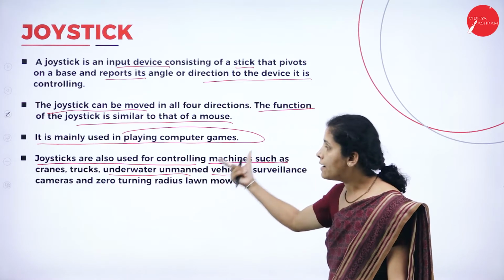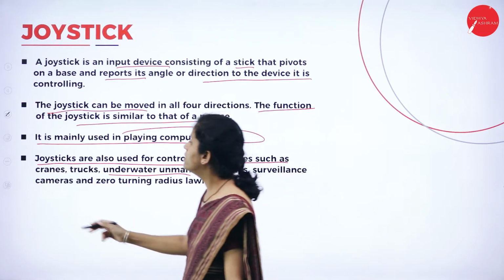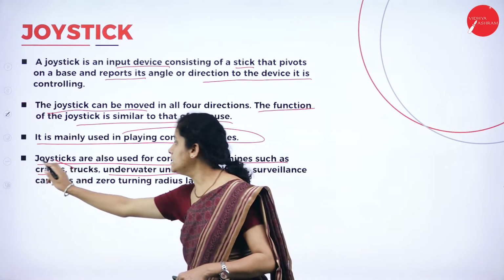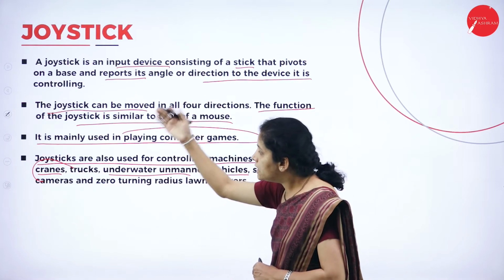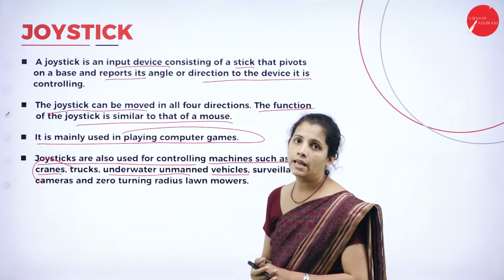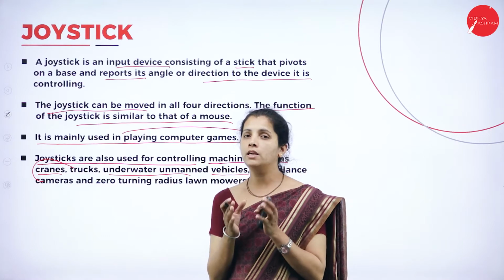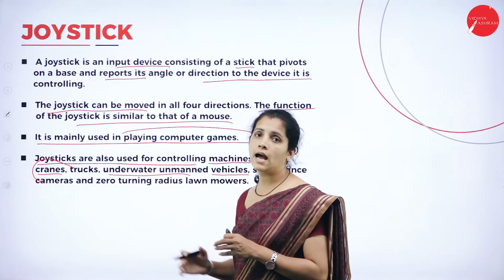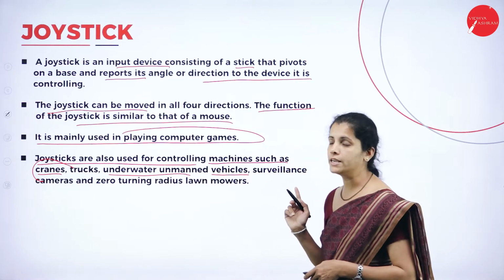Here I have a truck, a JCB, or cranes. In cranes as well as trucks, once again I can see the use of a joystick. The working procedure of cranes as well as trucks is the same as a joystick.